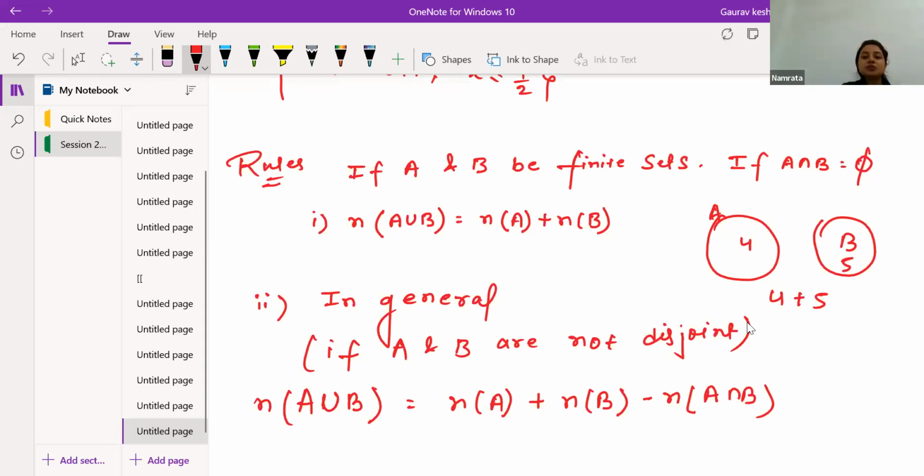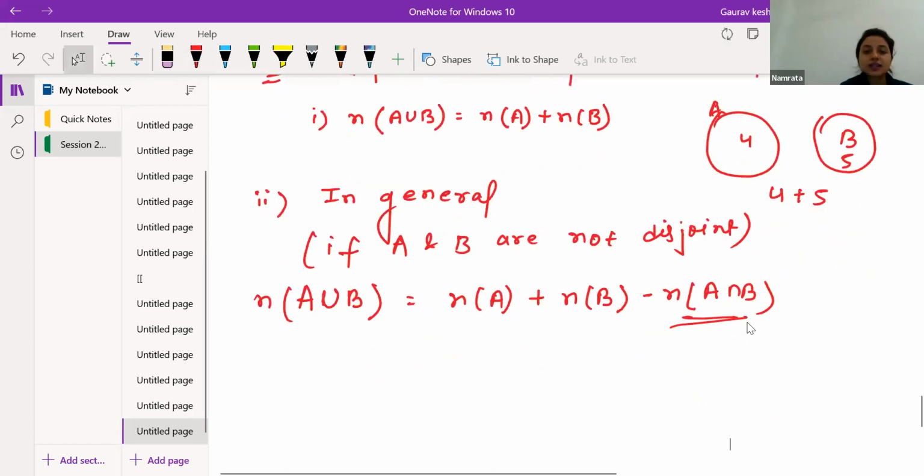Yes. That's why we have to subtract it once. Are you getting it? Yes.